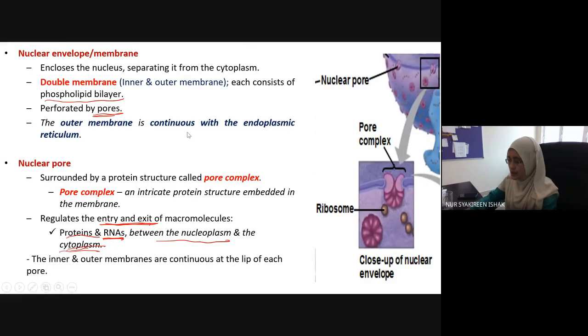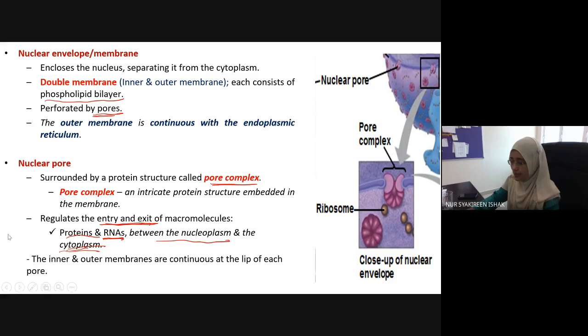So the outer membrane is continuous with the membrane of the endoplasmic reticulum. And then the nuclear pore is surrounded by a protein structure called the pore complex. Dalam nota tu dia cakap stud with ribosome. It means that you have proteins embedded in the nuclear membrane to form the pore complex.